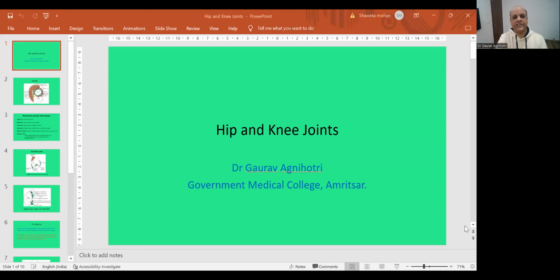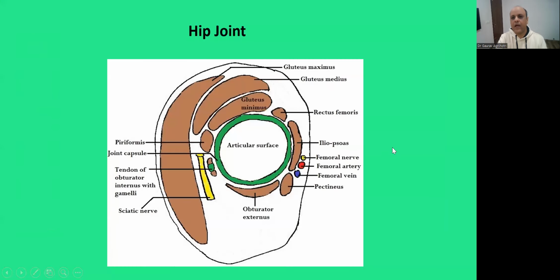Now I have shared the screen. Hip joint is studied under various categories, and one is the type of joint.